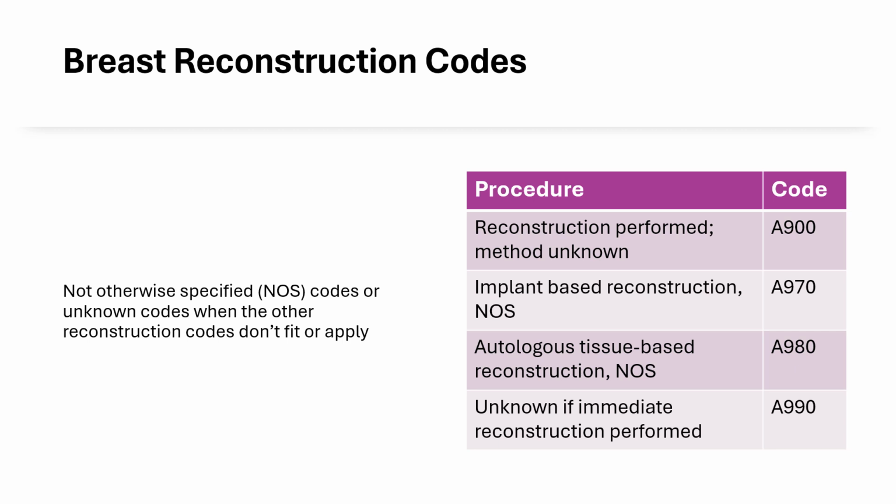If all that you know is that an autologous tissue-based reconstruction was done and you cannot code it to the A600 range, then A980. And if it's unknown if immediate reconstruction was performed during the same operative procedure, code A990.